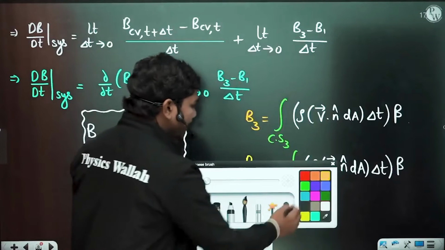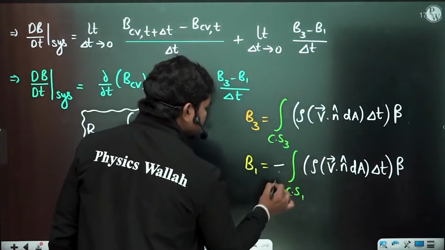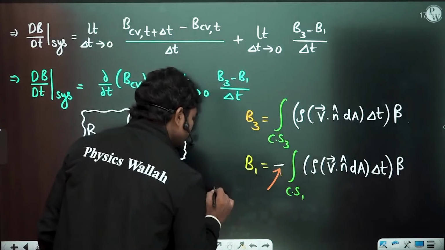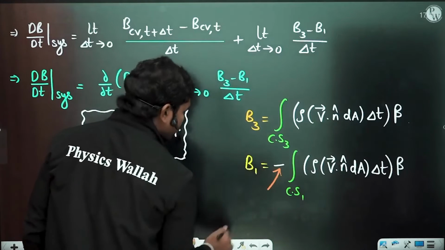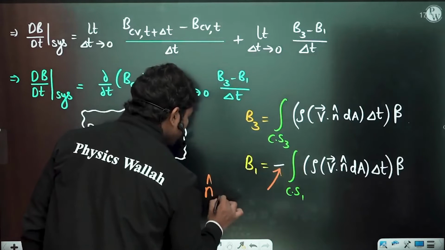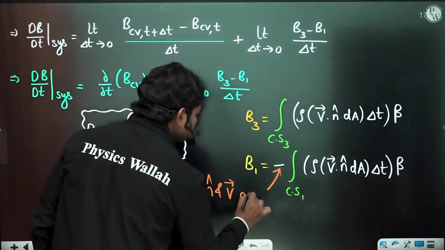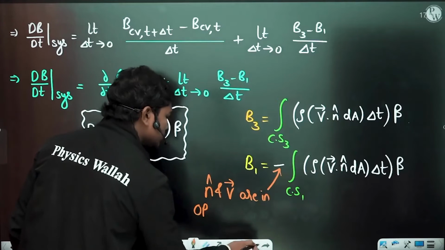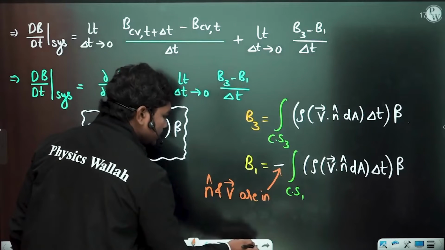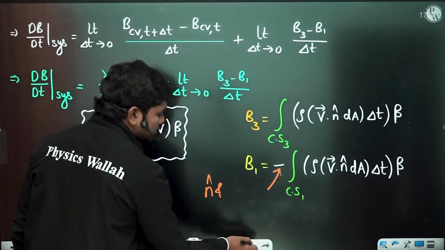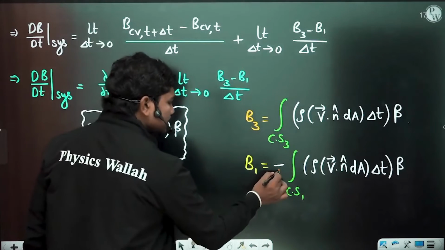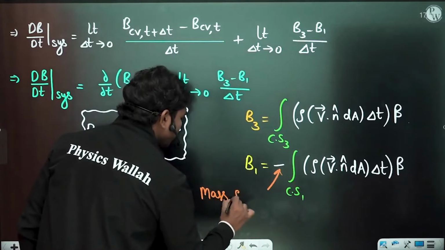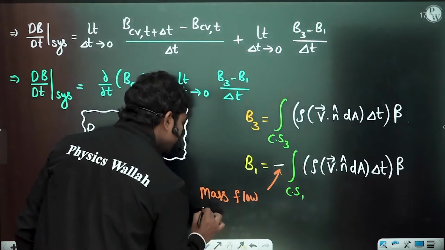This minus sign actually denotes that n cap and v bar are in opposite directions. This is due to the mass flow into the control volume.